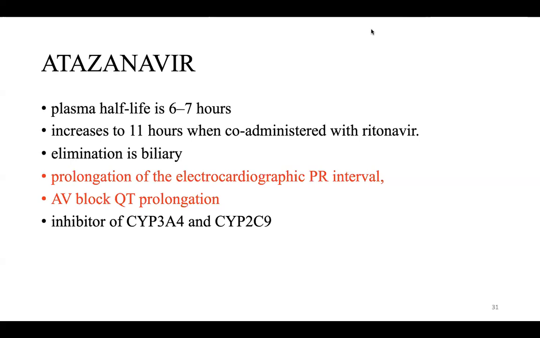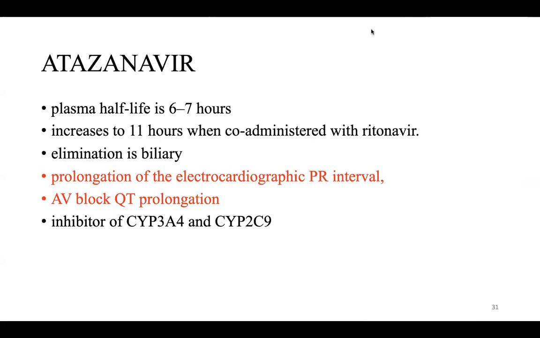Atazanavir requires an acid medium for absorption and exhibits pH-dependent aqueous solubility, therefore separation of ingestion from acid-reducing agents by at least 12 hours is recommended, and concurrent proton pump inhibitors are contraindicated.